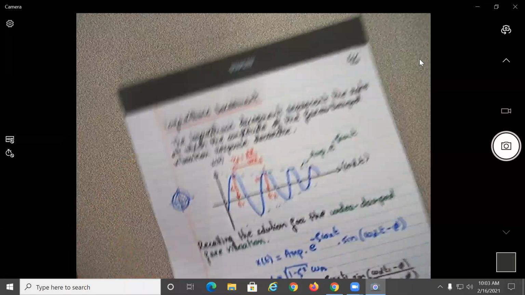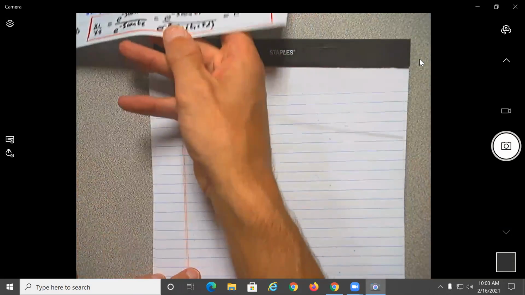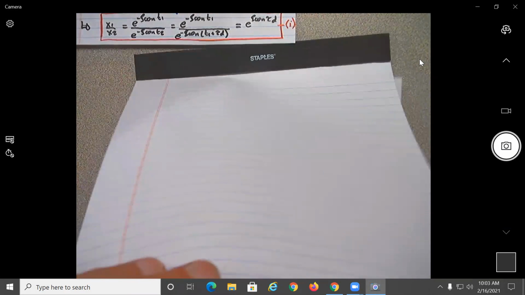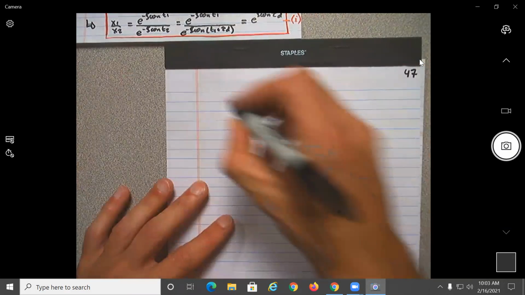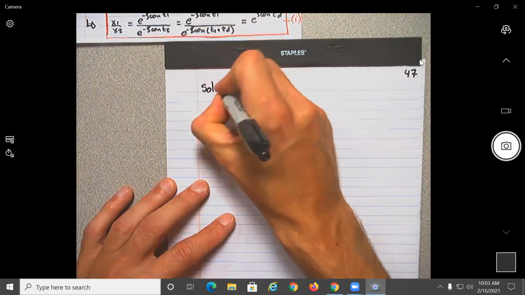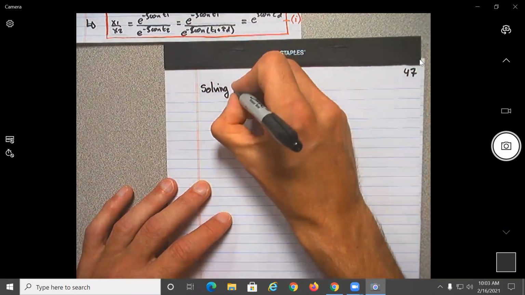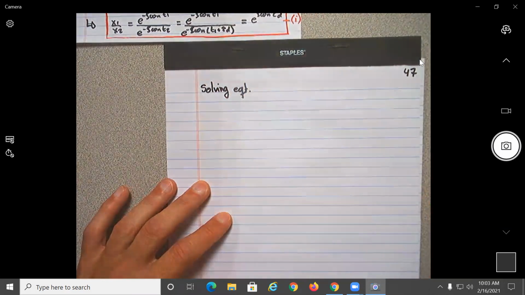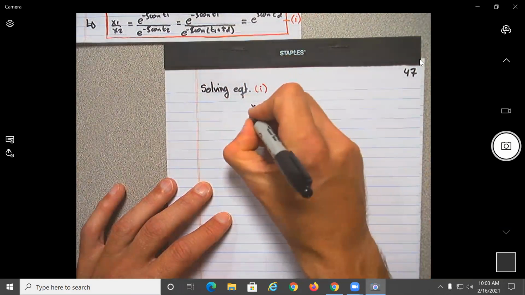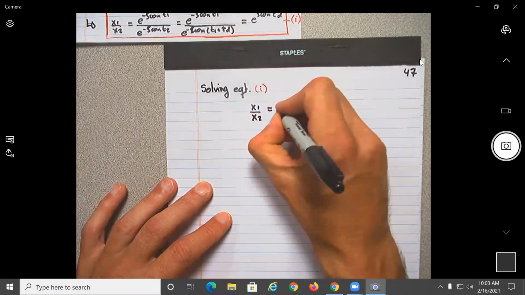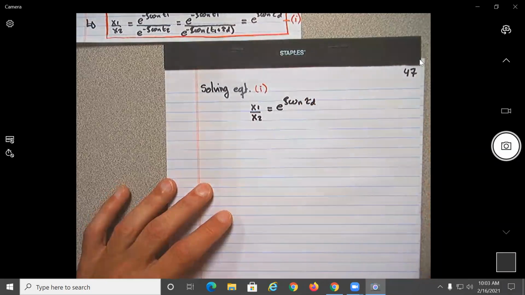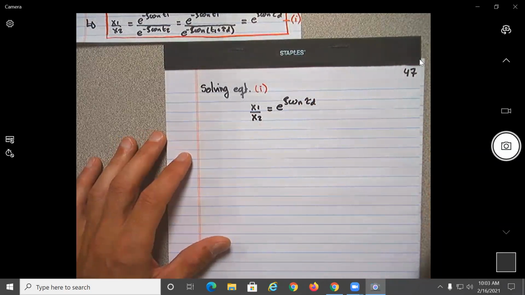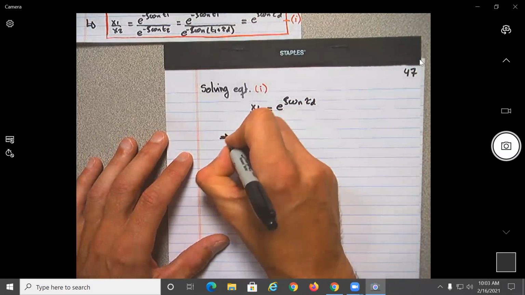All right, almost done. So solving that equation over here, that I'm just going to rewrite, but just the first term: x1 over x2 equal to exponential of zeta omega_n pi_d.